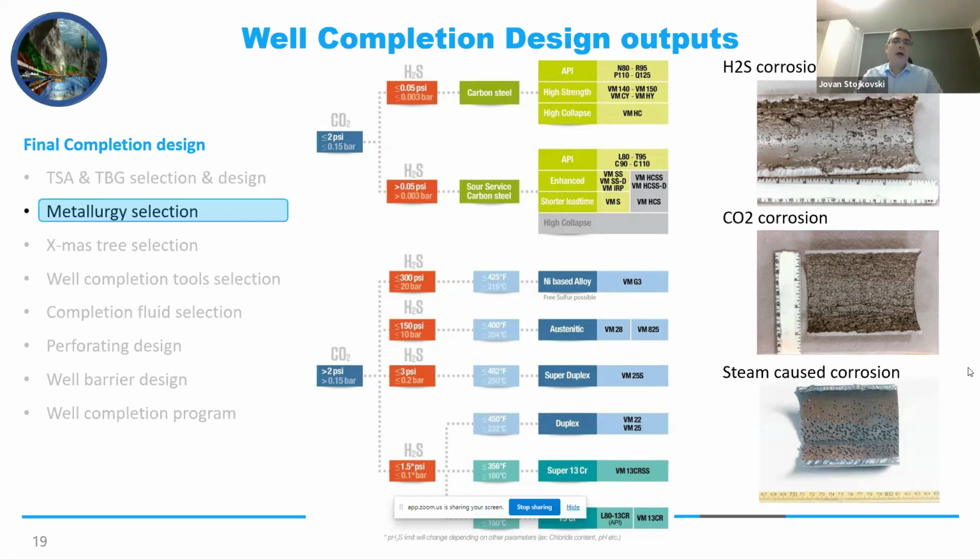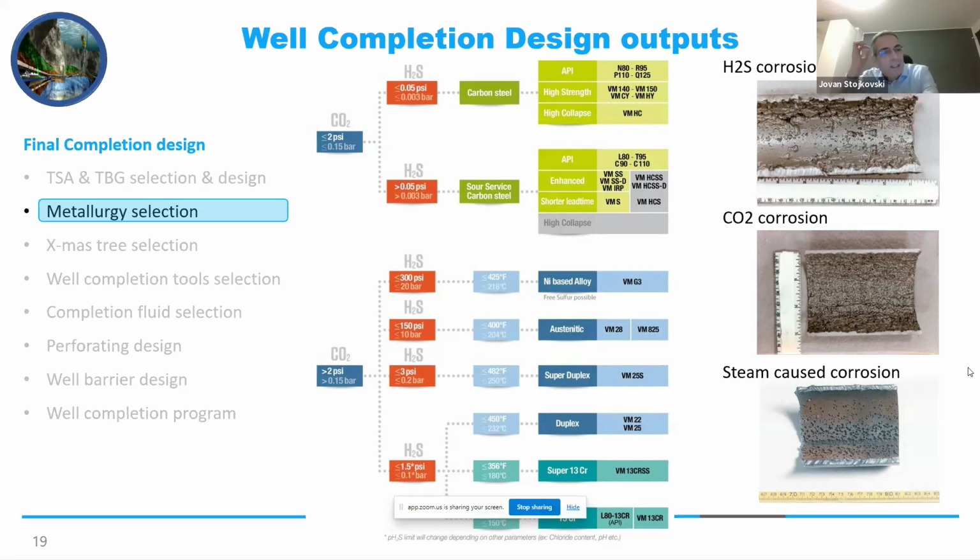But if you have a deep well with high temperature, with possible CO2 and H2S content in the fluid, then you need to go to your laboratory, or engage a consultant, or engage the service company providing completion tools to simulate your environment and give you advice on which kind of metallurgy you should install in your well.